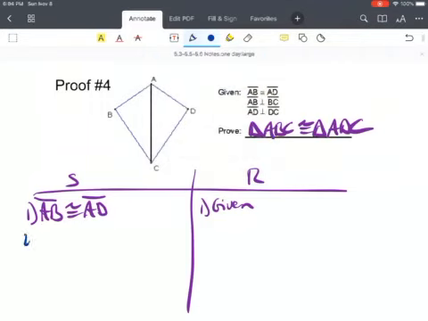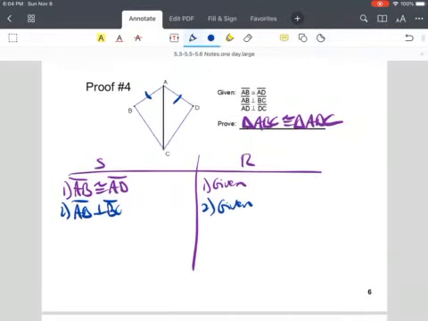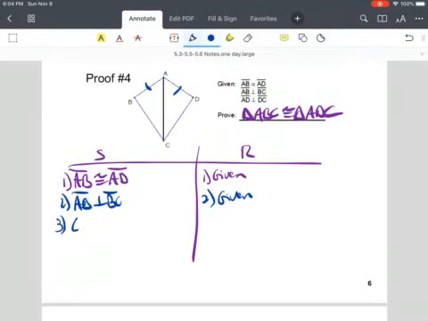Now, if I say that I have my pair of sides marked congruent, and then if I say that AB is perpendicular to BC, I'm going to go ahead and just say what that tells me next, which is the fact that angle B is a right angle.